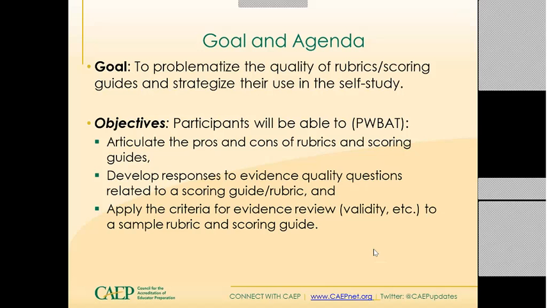And so part of CAPE's priority now is to look at the quality of the evidence that's being provided. And today we'll look at the quality or not quality of rubrics and scoring guides. And I have a couple of samples to share with you as we go through the criteria that CAPE will use to judge the quality of those pieces of evidence.